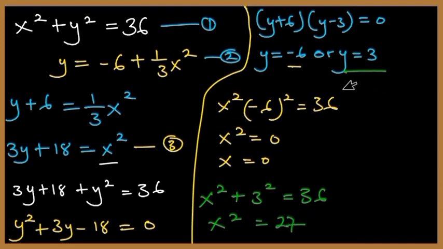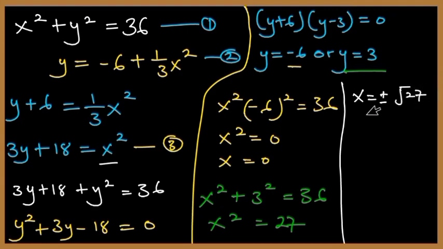So from here, we can say that our x will be plus or minus root of 27, which is the same as x equals plus or minus 3 root of 3.